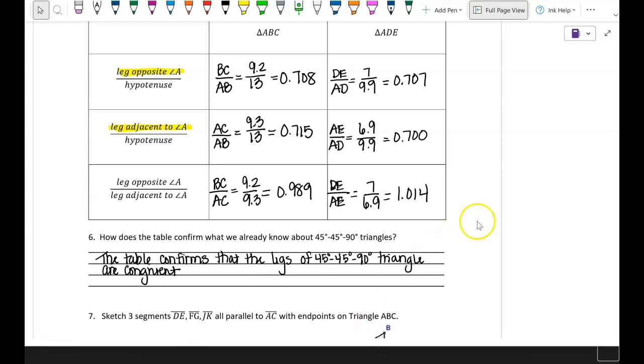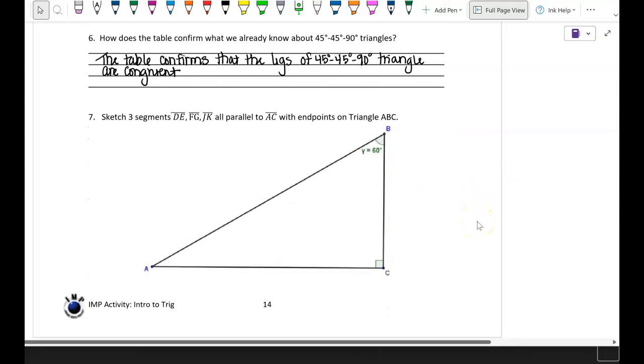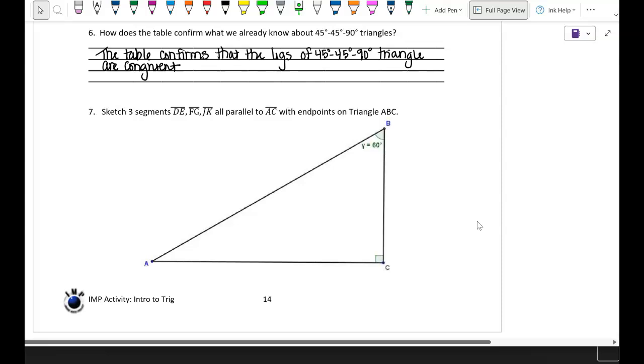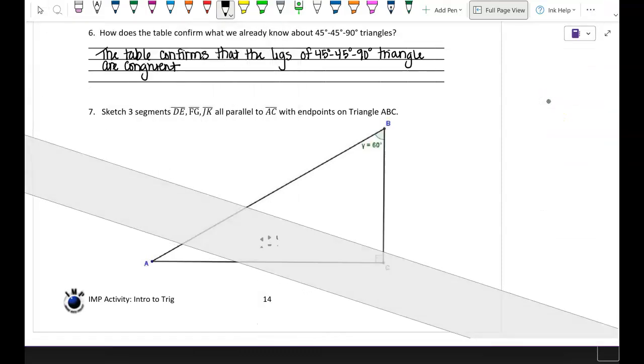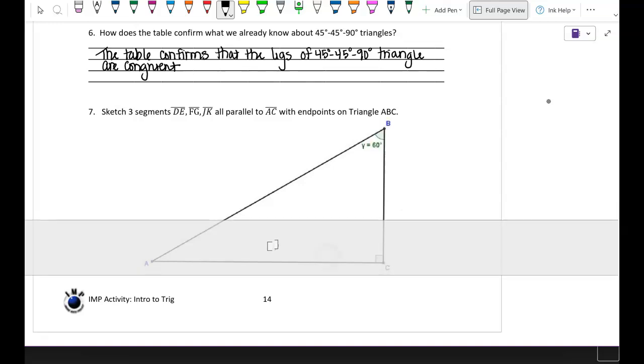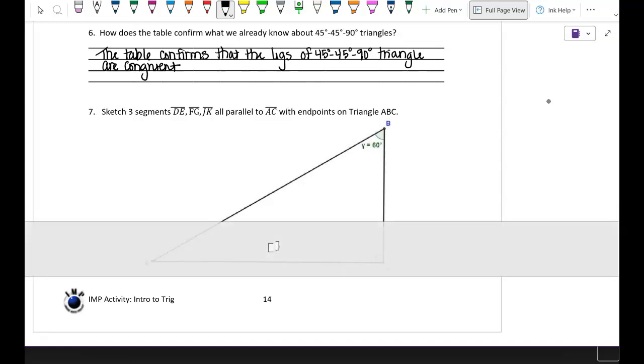All right, now in number 7, it says sketch 3 segments, segment DE, segment FG, and segment JK, all parallel to AC with endpoints on triangle ABC. So again, now we're going to take our straight edge, but we're going to run it parallel to segment AC.